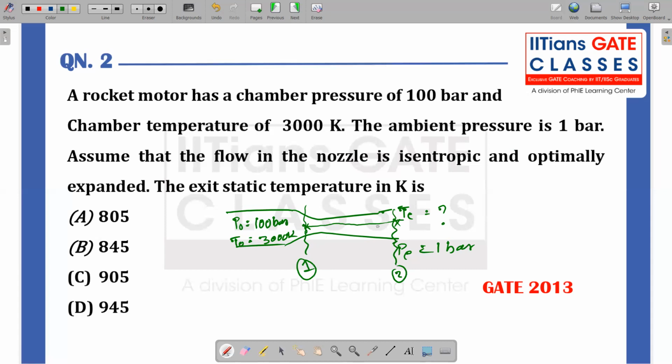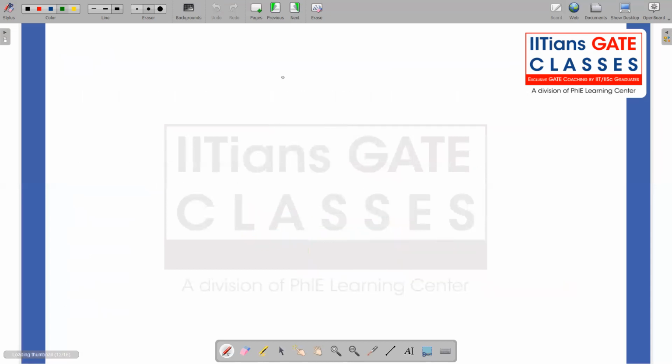So I can use the isentropic relation on this streamline, and easily write that P naught by PE is equal to T naught by TE to the power of gamma by gamma minus 1. I am just using the isentropic relation between the chamber and the exit, right?